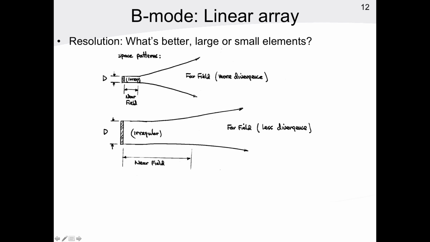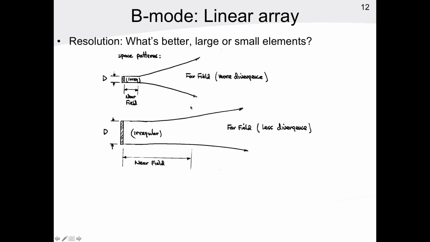Unfortunately, the beam path of an ultrasound element diverges quite quickly for a small element, where a larger element transducer may have a wider beam path initially, but it also diverges more slowly.